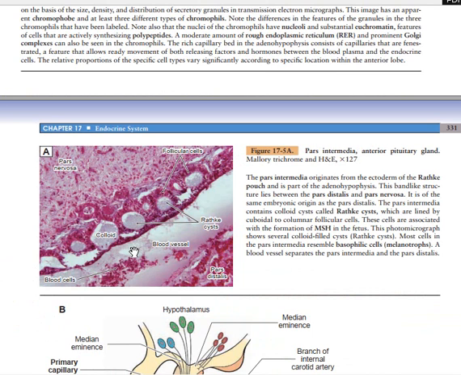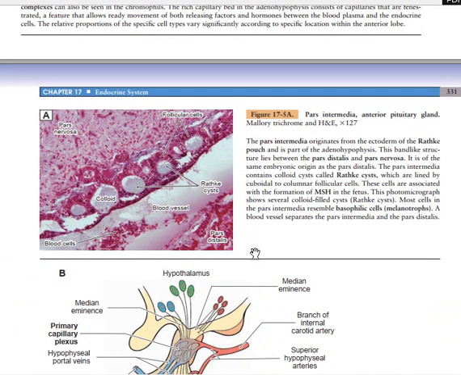Is it clear? Now the next thing is the pars intermedia. So the pars intermedia now contains what is called the Rathke's pouch. You need to know that in the embryonic origin of the pituitary gland, the anterior pituitary gland does not actually develop from the brain. It does not develop from the brain, but instead comes from a pouch from the nasal mucosa.